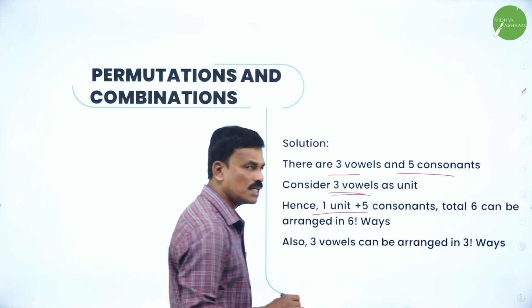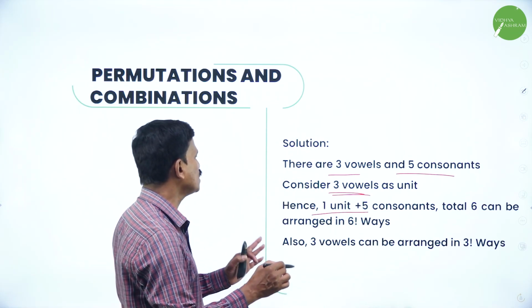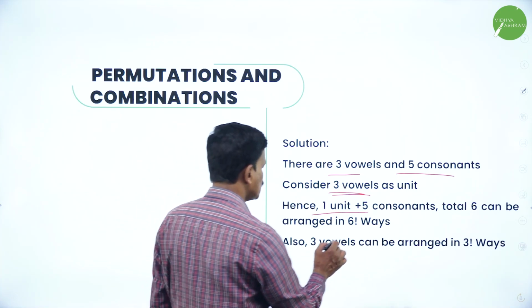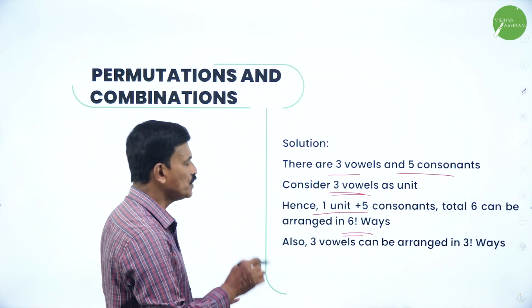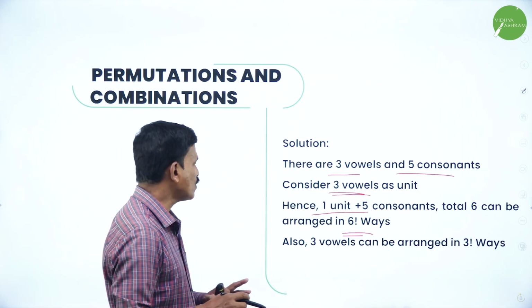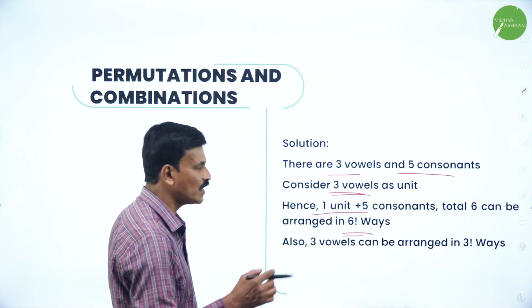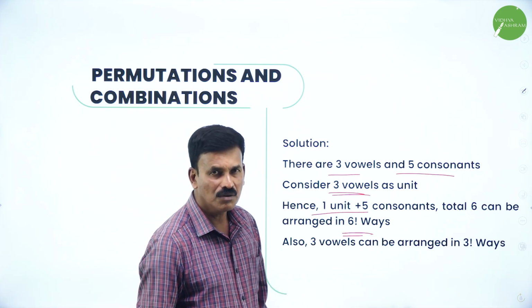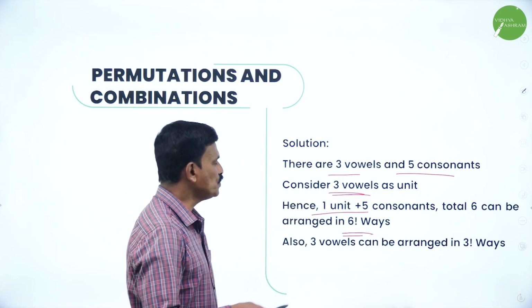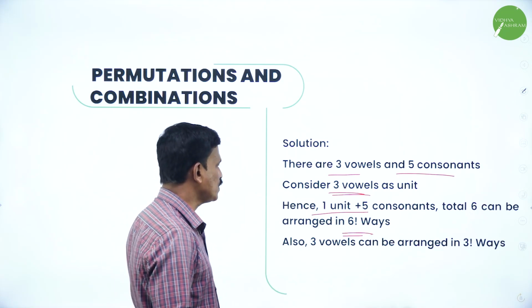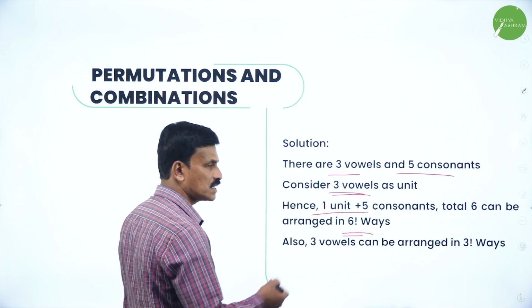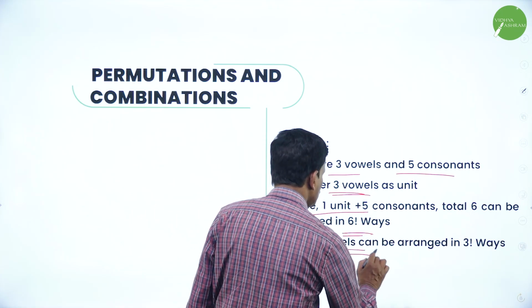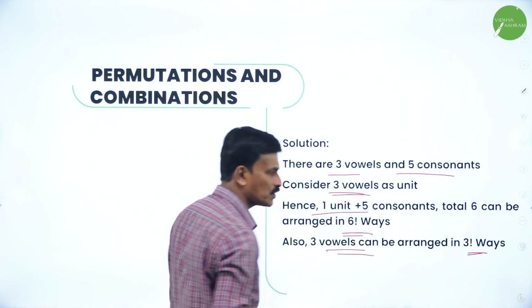Then the 1 unit plus the remaining 5 consonants, a total of 6, can be arranged in 6 factorial ways. The 3 vowels within the unit can also be arranged in 3 factorial ways.